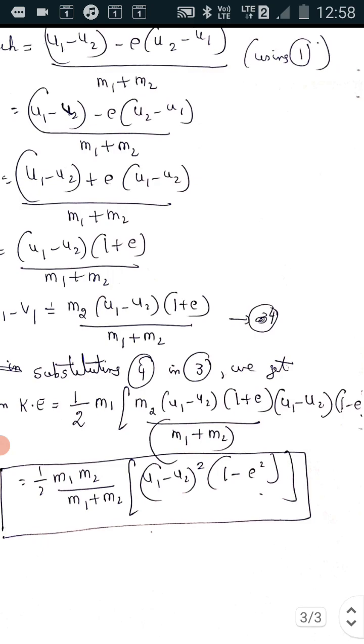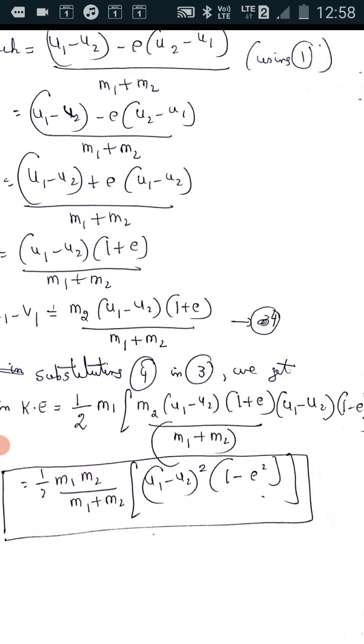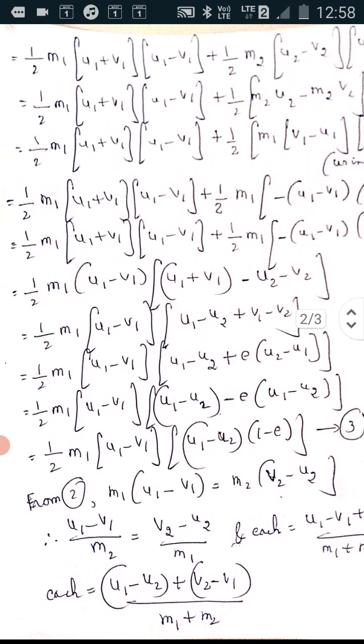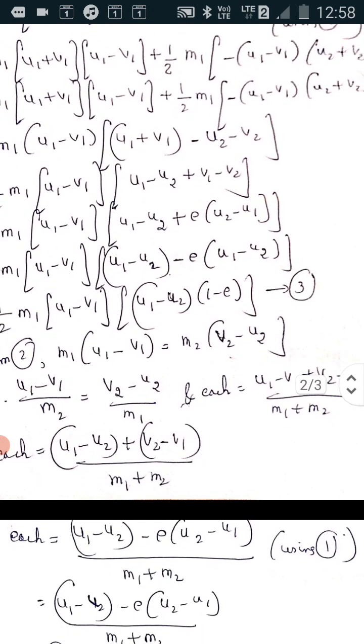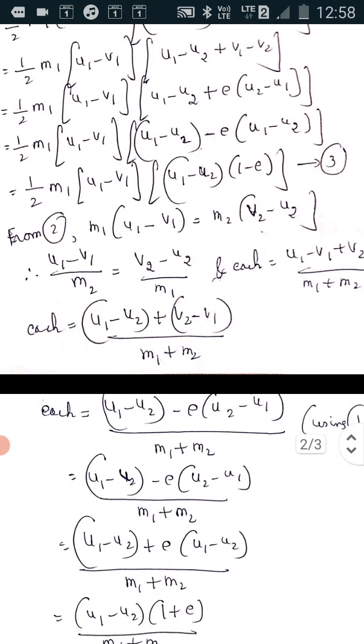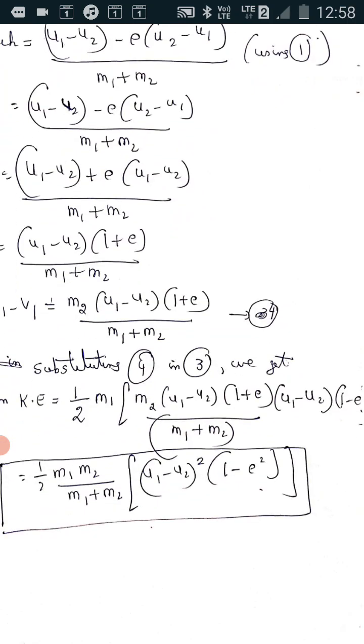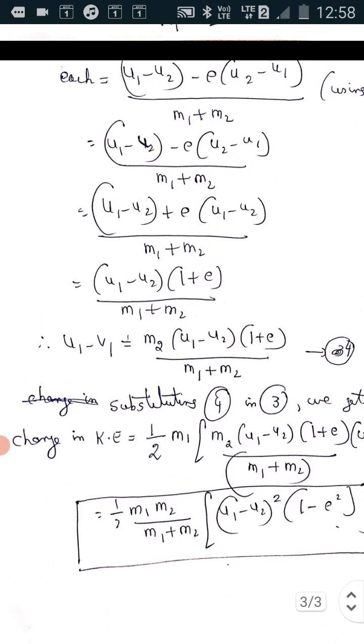Substituting the fourth result in the third, which is the change in KE, we have to substitute the expression for u1 minus v1.